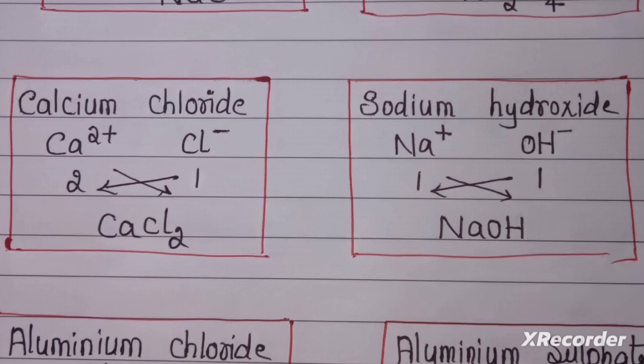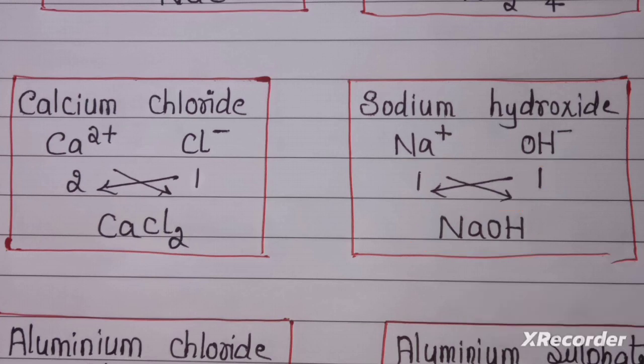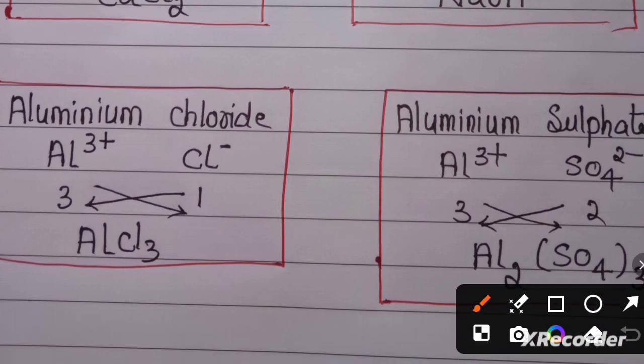Similarly, sodium hydroxide: the sodium ion formula is Na plus and hydroxide is OH minus. Both have the same valency. So by the crisscross method, if you transfer, we will get the formula of sodium hydroxide as NaOH. Likewise, aluminium chloride. Aluminium ion formula is Al3 plus, it has a valency of 3, and chloride ion formula is Cl minus, its valency is 1.